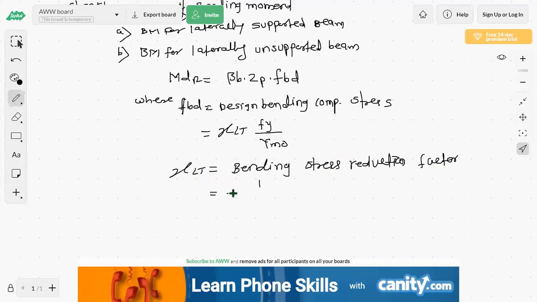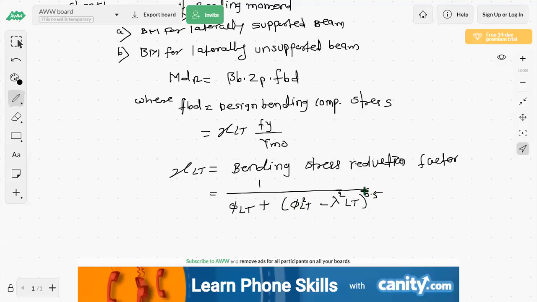Zeta LT is 1 divided by phi LT plus, in bracket, phi LT square minus lambda square LT, raised to 0.5, and it should be less than 1.